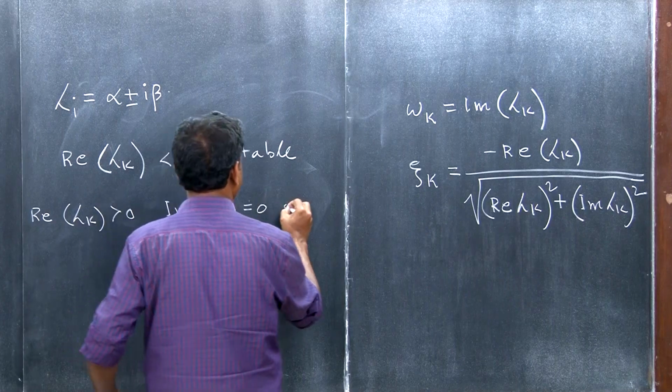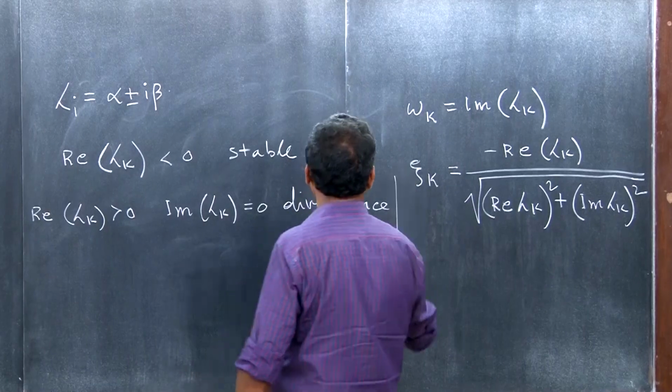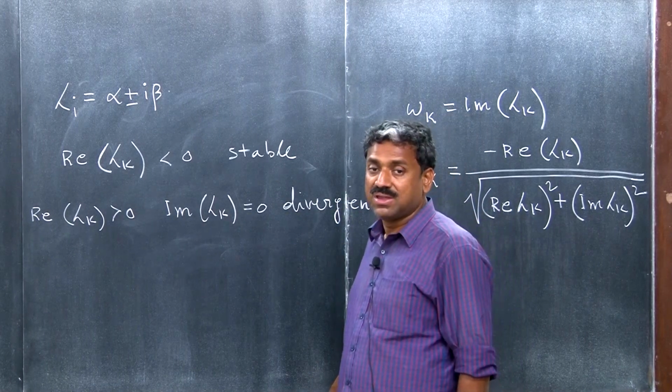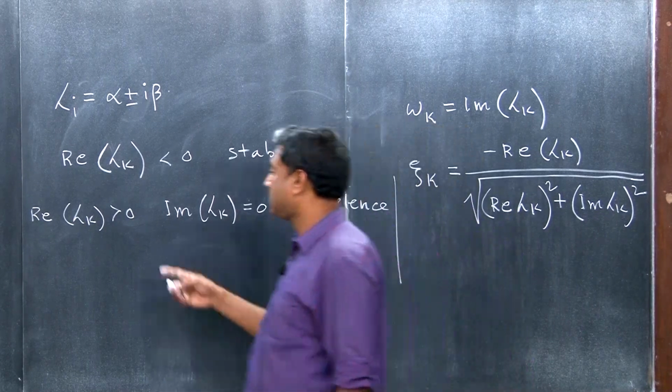Then the real part of lambda_k greater than 0 and the imaginary part of lambda_k equal to 0 is basically divergence. Divergence is where there is no frequency, so the system will diverge in one direction. So there is no periodic motion, and of course negative damping.